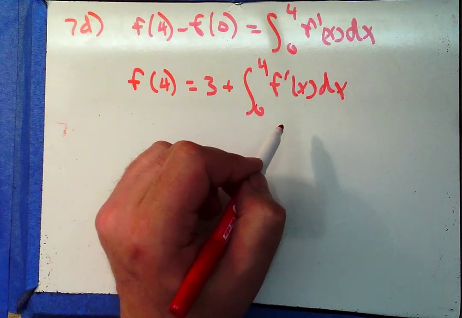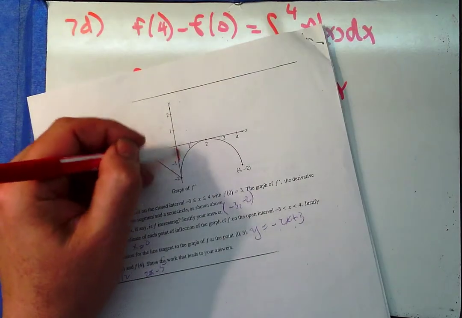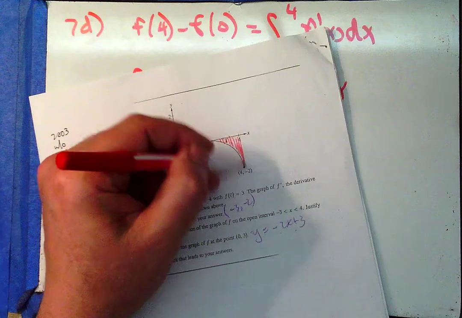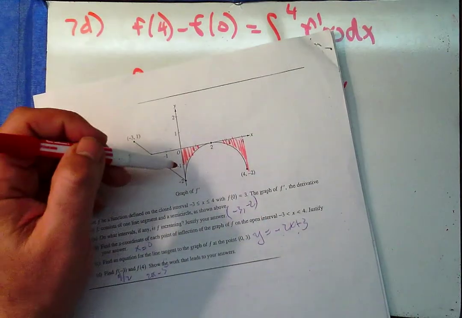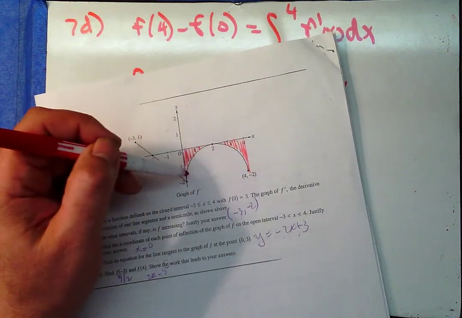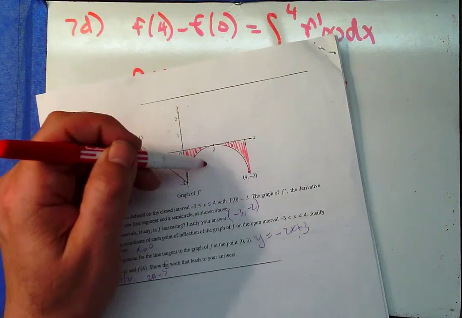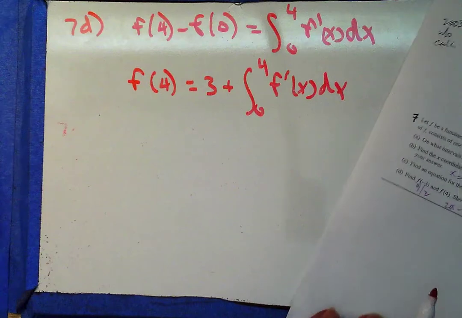Now, about this integral. Remember, this integral is going to be the area between the curve and the semicircle. I do not encourage you to integrate this curve. I encourage you to find the area of this rectangle and subtract the area of that semicircle. It's going to be much easier.